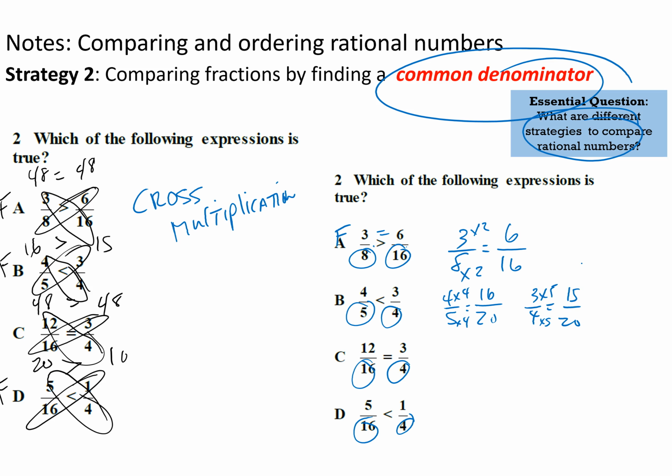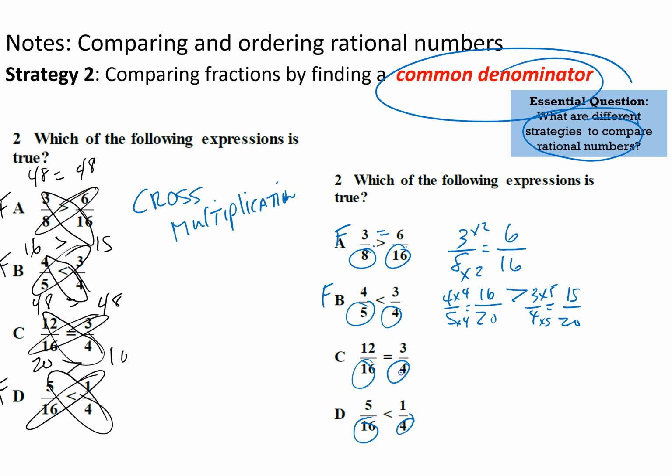The main thing here is whatever you do to the bottom number, you must do to the top and vice versa. So actually 4/5 is equal to 16 20ths, and 3/4 is equal to 15 20ths. So I see that this number is actually greater than that one. This is false. Now you could have easily said these are really small, I can just go ahead and cross multiply. The choice is yours. I'm just showing you different options.